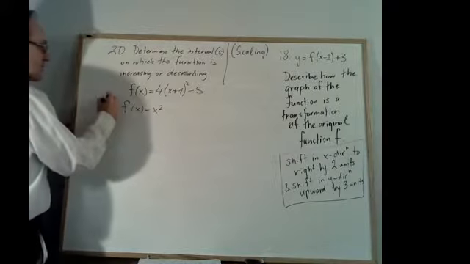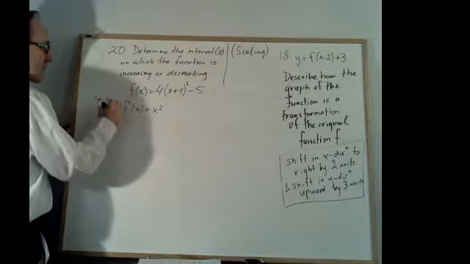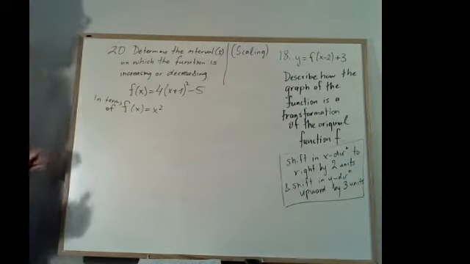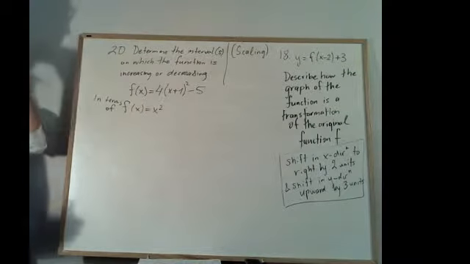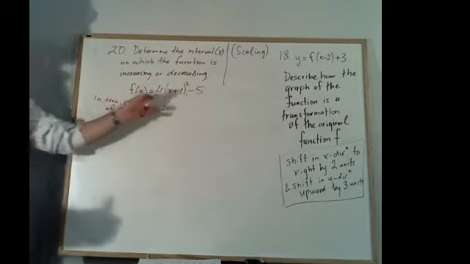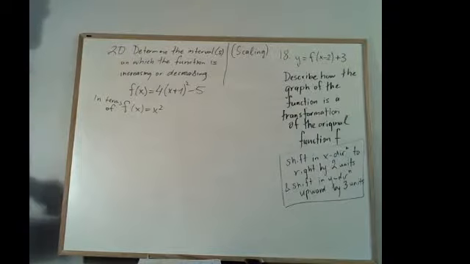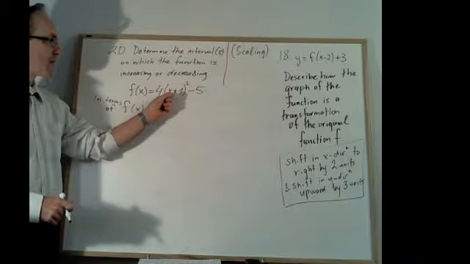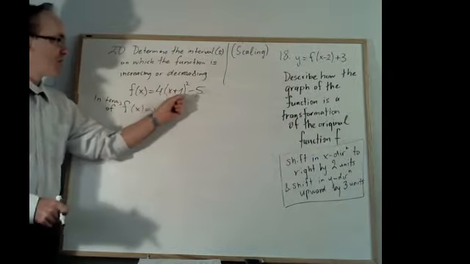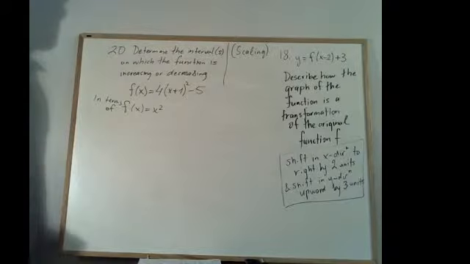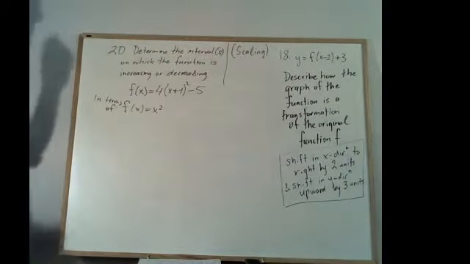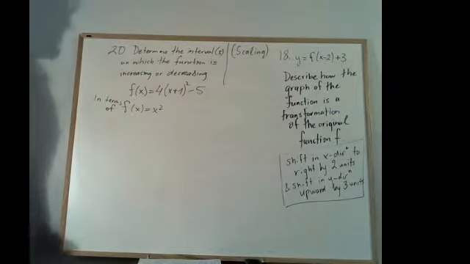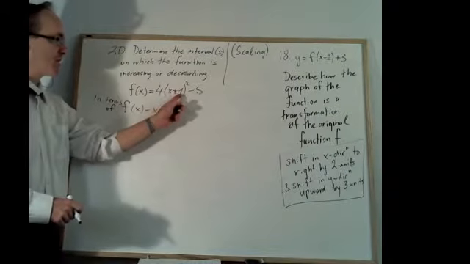So in terms of our basic toolkit function x squared, what is this function? Okay, so you basically have a shift in the x direction by -1. So that's to the left now, okay, because we have a plus sign here.